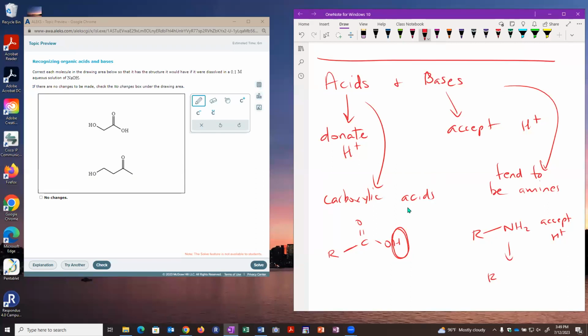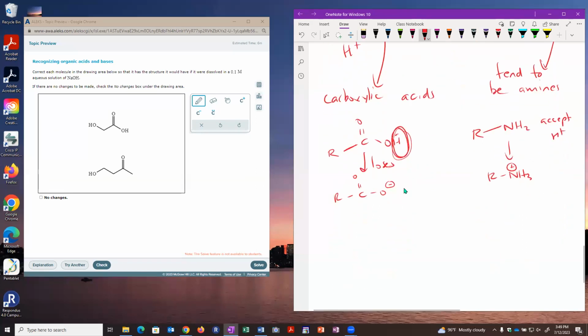If it gains an H plus, we end up with R, now three H's, and a positive charge on the nitrogen. When the acid loses a proton, we get rid of this H plus over here, and we end up with R, C double bond O, and then O with a minus charge. So that's the basis for understanding these types of questions.